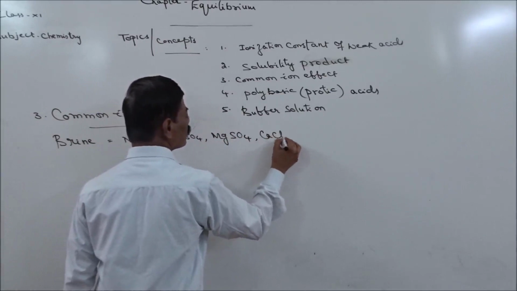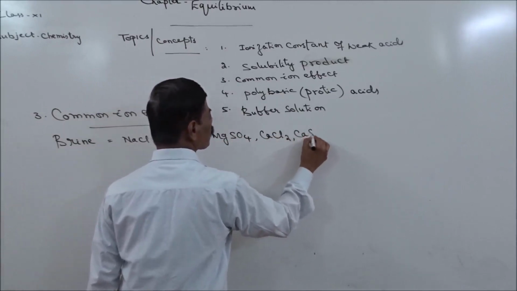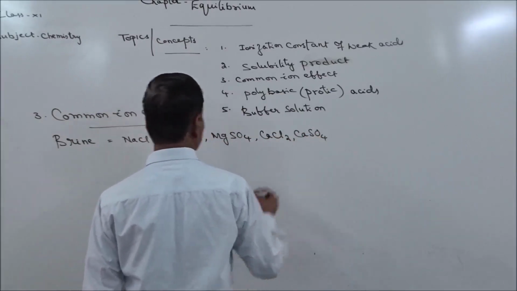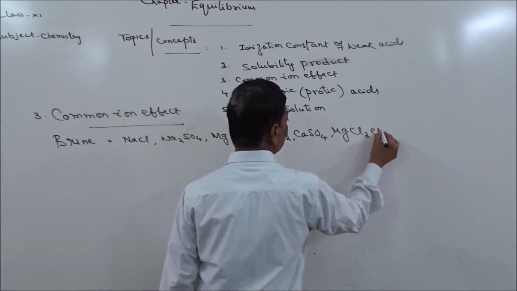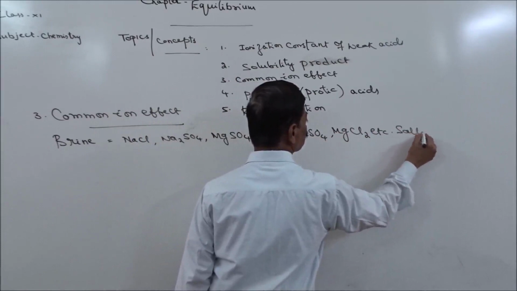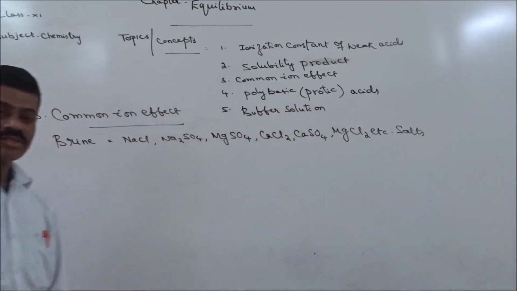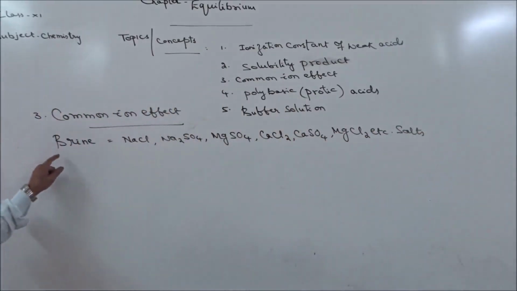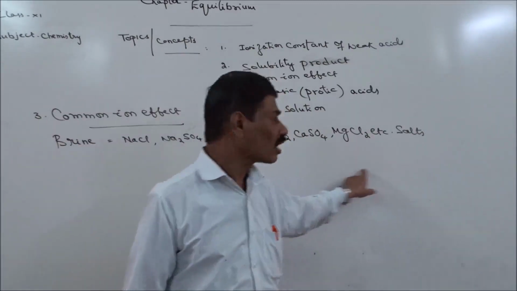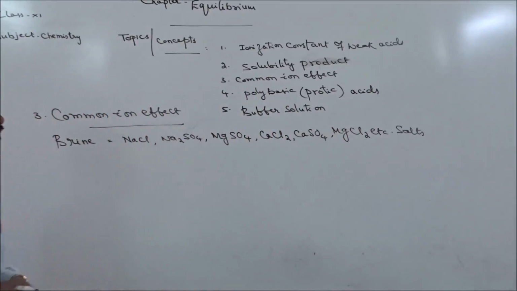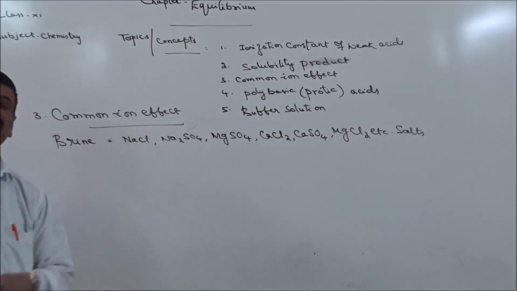Calcium chloride, calcium sulfate, magnesium chloride, etc. salts. And usually seawater contains brine. In that brine, we have all these salts. And the important salt which is required for us here is sodium chloride.